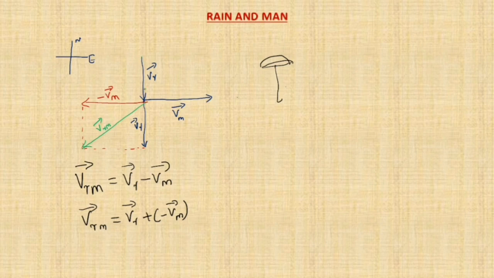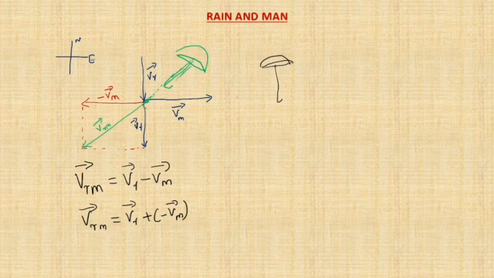Actually the rain is falling vertically down, but the person is walking with a particular velocity Vm. Now for him rain appears to fall in this direction. So he has to hold his umbrella in this relative velocity direction. That means he has to hold his umbrella like this. Then only the man can protect himself from rain.